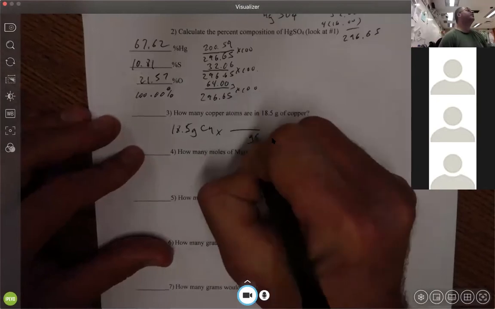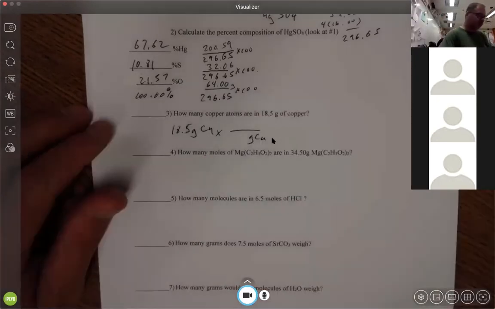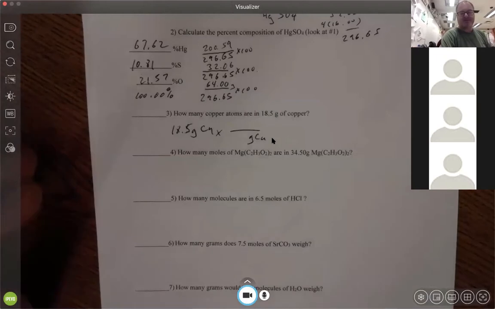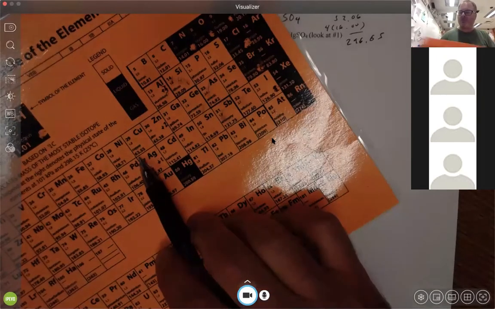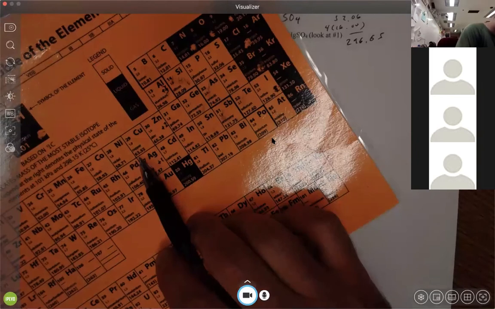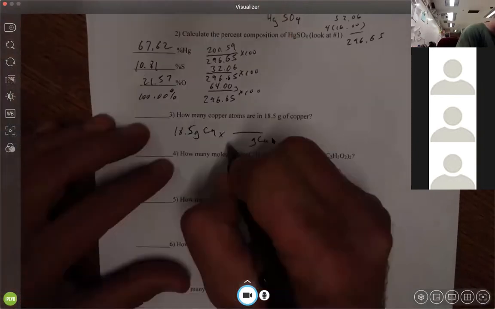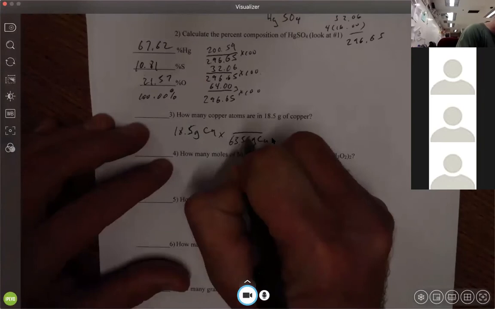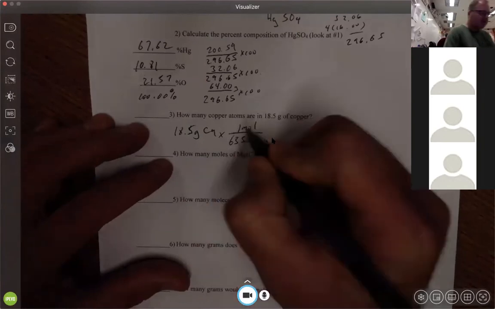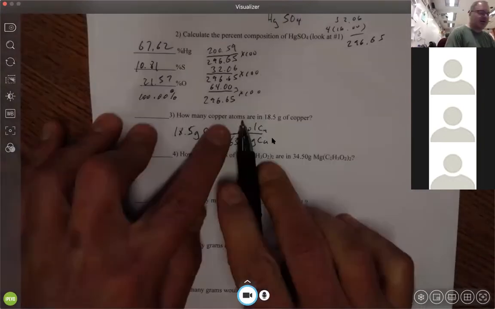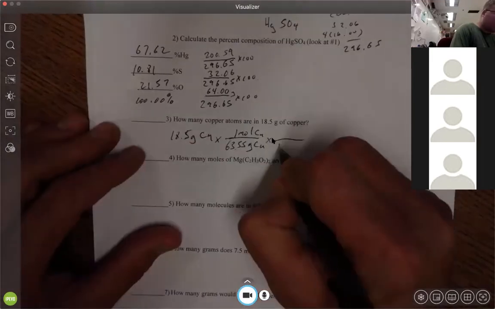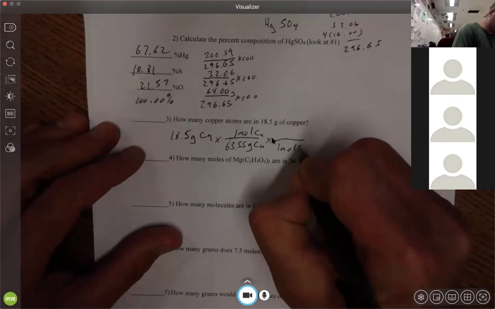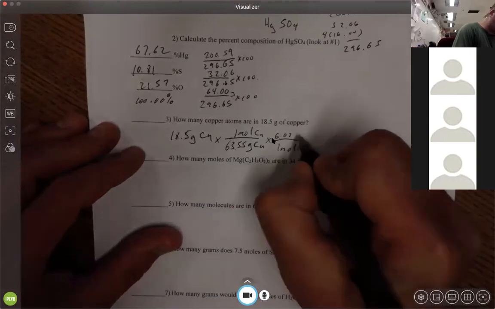And from the periodic table of elements, every 63.55 grams of copper is 1 mole. They don't want moles of copper, they want atoms of copper. That's no problem, because every 1 mole of copper is 6.02 times 10 to the 23rd atoms of copper.